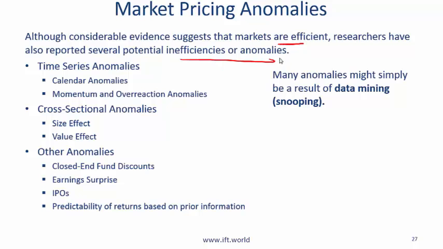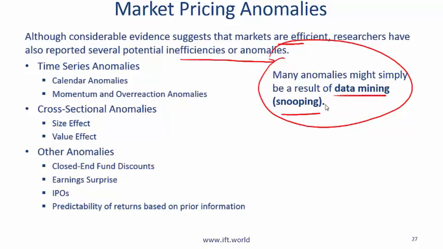Now, on this, I'll give you the most testable point. According to the curriculum, many anomalies might simply be a result of data mining or snooping. So the anomalies are not real.